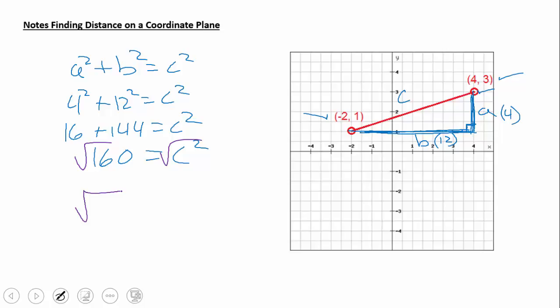So I'm going to simplify that radical. If I don't have a calculator, I can write a simplified radical answer, which would be 4 times the square root of 10.